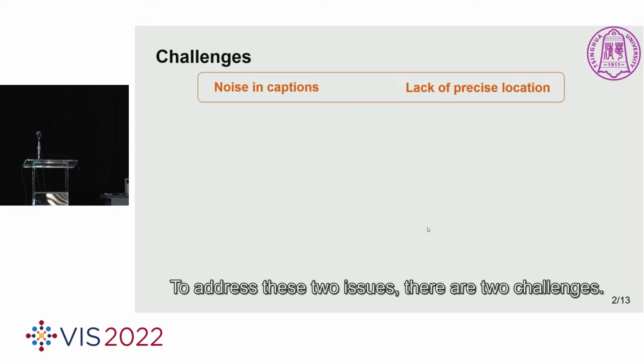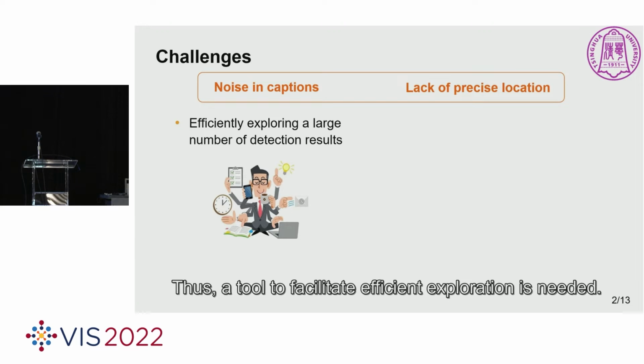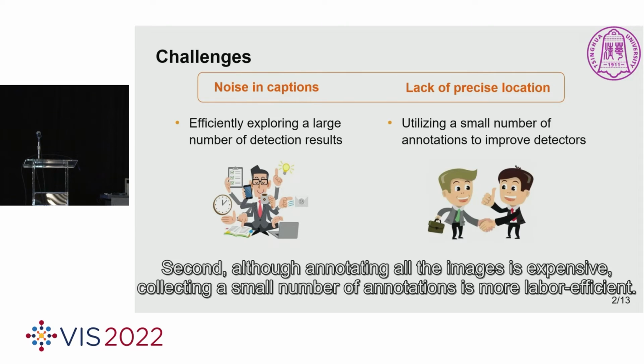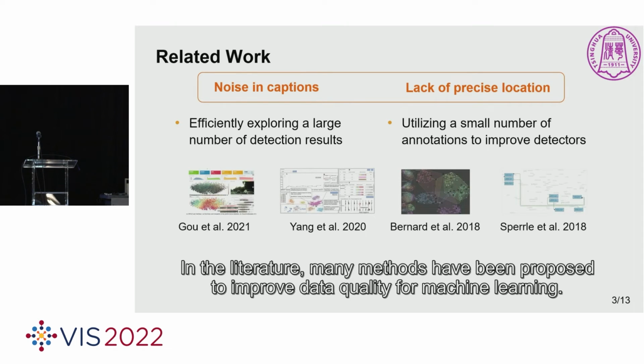To address these two issues, there are two challenges. First, the numbers of extracted labels and detected objects are usually very large. Thus, a tool to facilitate efficient exploration is needed. Second, although annotating all the images is expensive, collecting a small number of annotations is more label efficient. How to combine the small number of annotations with captions is still unexplored. In the literature, many methods have been proposed to improve data quality for machine learning.